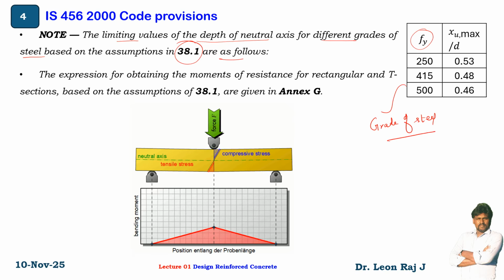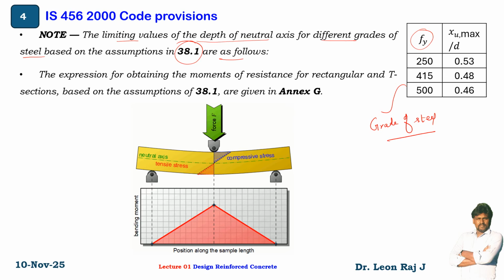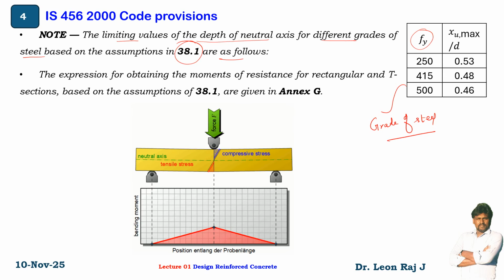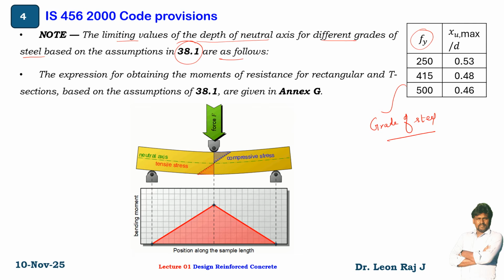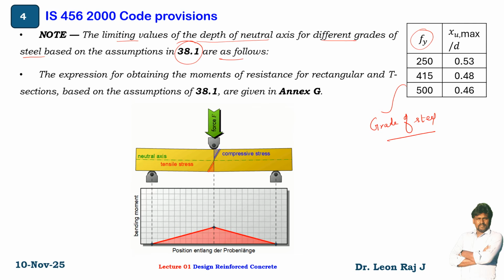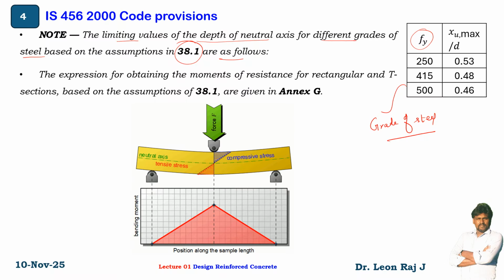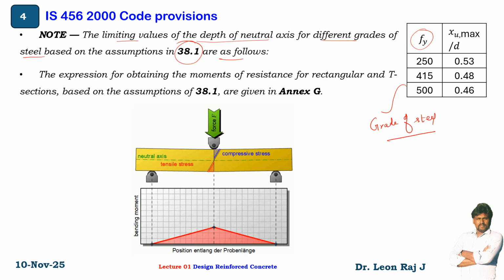Grade of steel. We have grade of concrete also, which I have explained in my mix design videos in detail. Here the grade of steel is 250, 415 and 500.